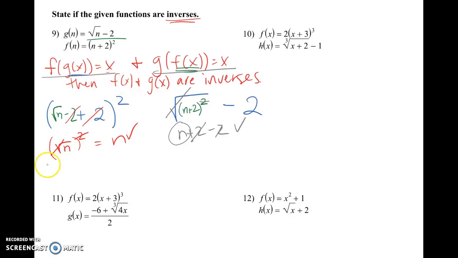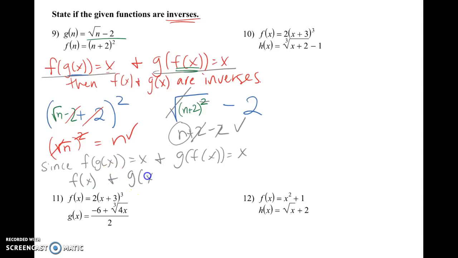So that's what I would write: since f of g of x equals x and g of f of x equals x, f of x and g of x are inverses.